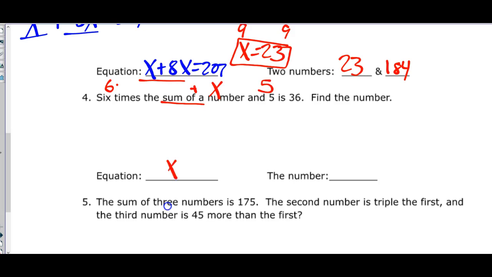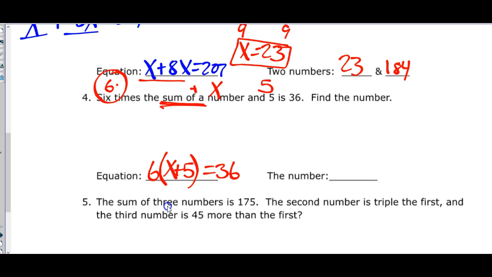So I'm going to go ahead and say x plus 5 is going to equal 36, but I can't forget this 6 times. If I just put the 6 here, then I'm only taking 6 times x, not 6 times the sum of x and 5. I have to have the parentheses around the sum of x and 5. Now the 6 is multiplying both numbers, not just one. So that's the proper equation.